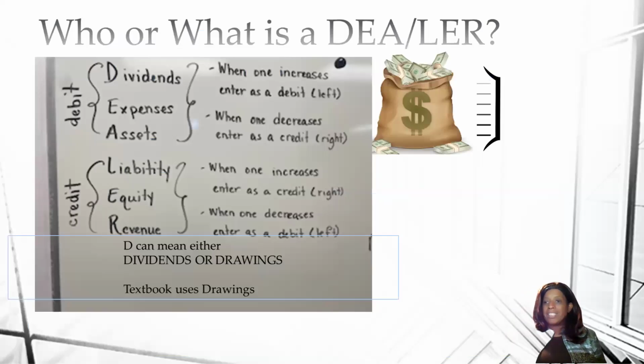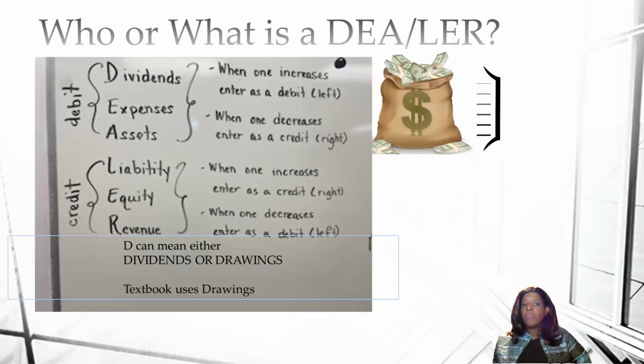A is for assets, and these increase with a debit. Liabilities increase with a credit. Equity increases with a credit. Revenues increase with a credit.